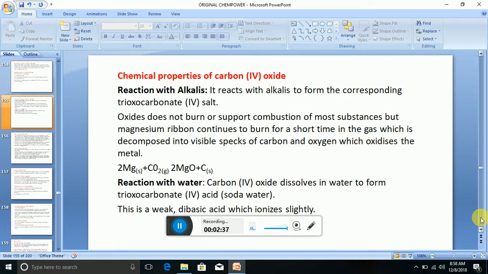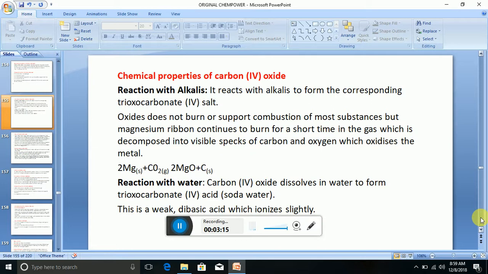It reacts with alkalis to form the corresponding trioxocarbonate (IV) salt. The oxide does not burn or support combustion of most substances, but magnesium ribbon continues to burn for a short time in the gas, which is decomposed into visible sparks of carbon and oxygen, which oxidizes the metal.